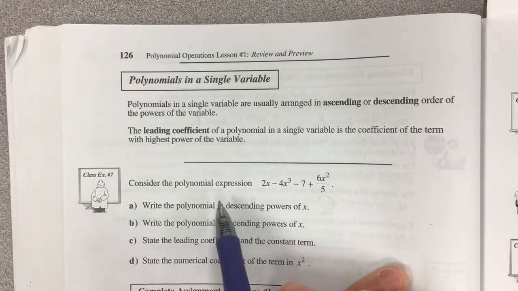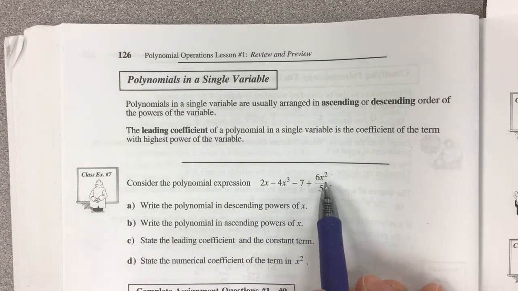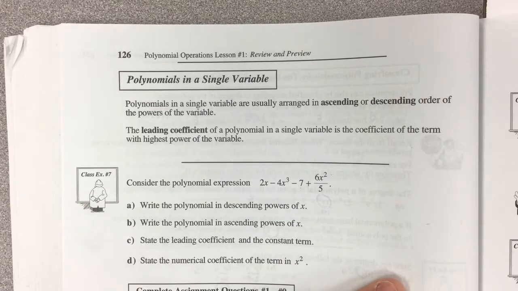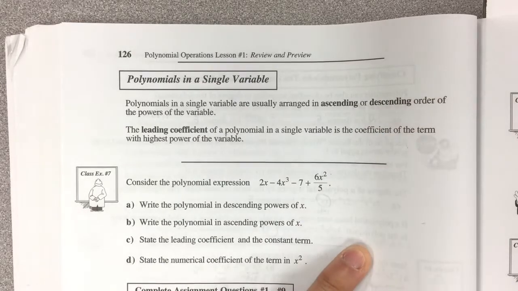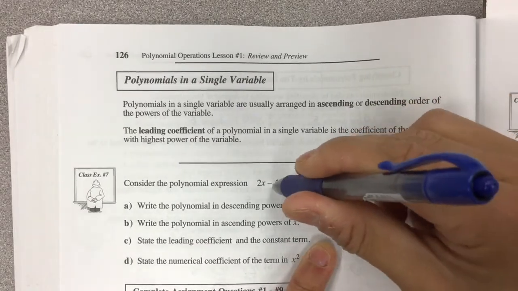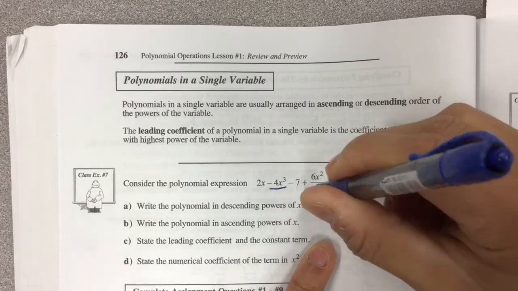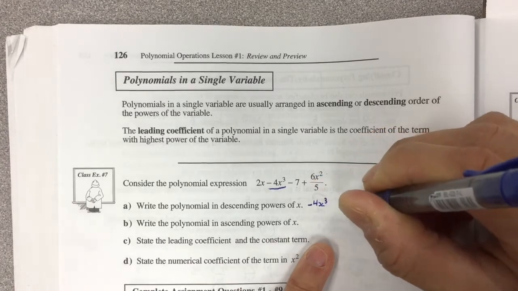So consider the polynomial expression 2x minus 4x cubed minus 7 plus 6x squared divided by 5. We want to write this in descending powers of x. So we want our powers of x to get smaller. First of all, my largest power of x is this negative 4x cubed.